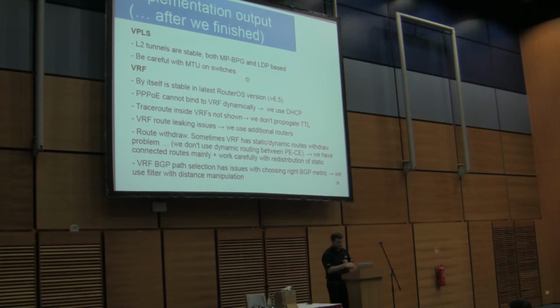And there is a small issue that VRF BGP path selection sometimes has issues choosing the right BGP metric. So instead of using local preference, we are using distance manipulation. For a more detailed explanation, write me emails or come to my trainings.